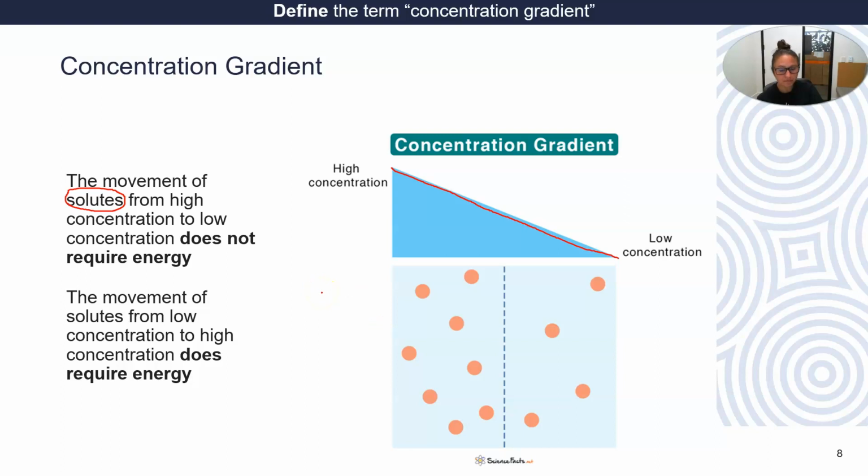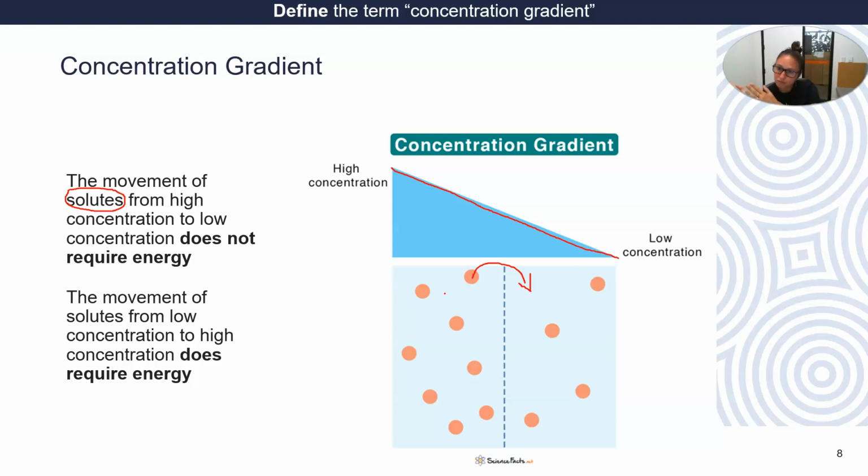Now, to move these orange dots from an area of high concentration to low, we don't need any energy to do that. It happens naturally. Things naturally move from an area of high concentration to low because there's more stuff here and less stuff here.